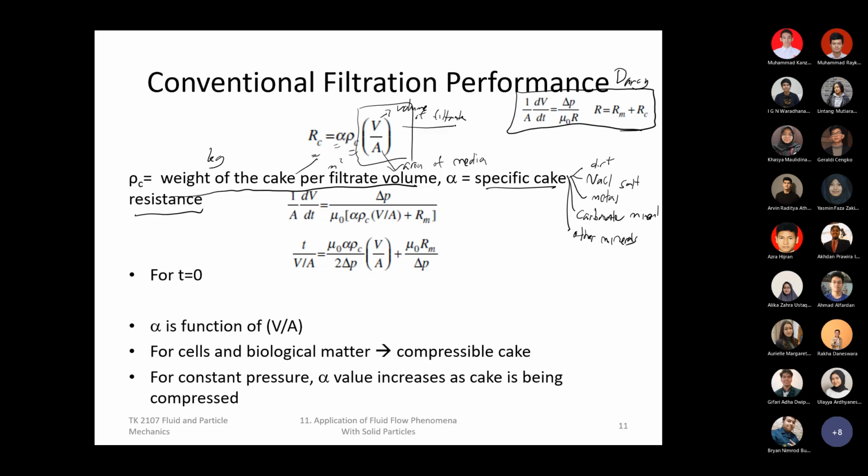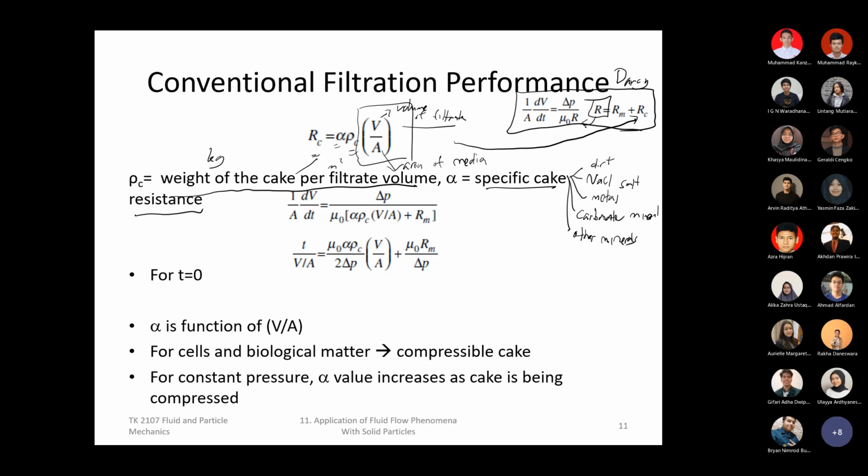So if the volume changes as a function of time, then the cake resistance changes as a function of time. Then it's very likely that the production of the filtrate will also change as a function of time. But we can substitute this RC into the initial equation, and then we get the overall expression.